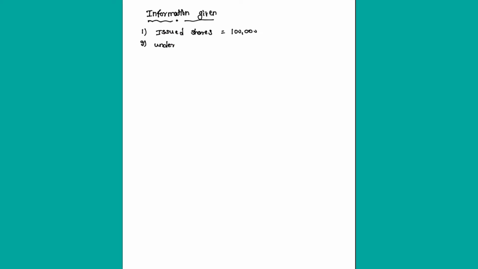Underwritten shares: A 40,000 shares, B 30,000 shares, C 10,000 shares, D 20,000 shares.